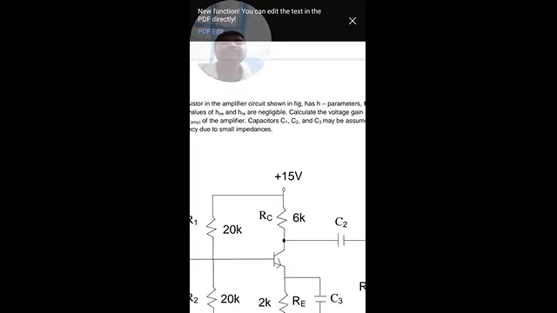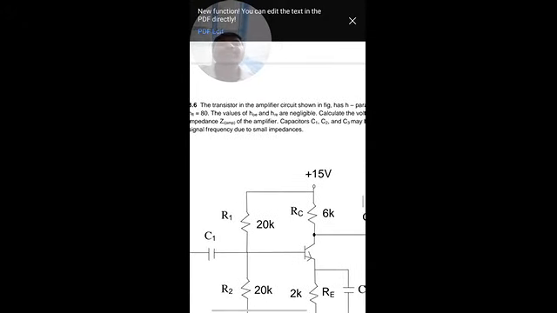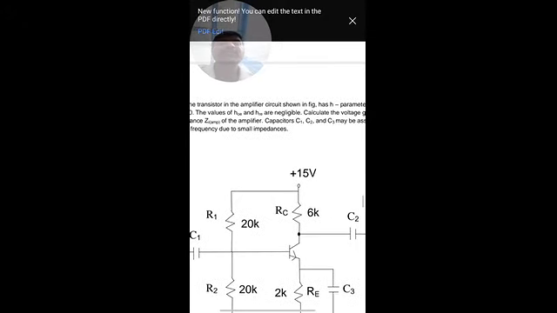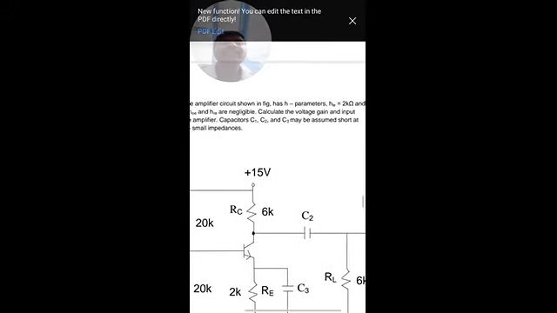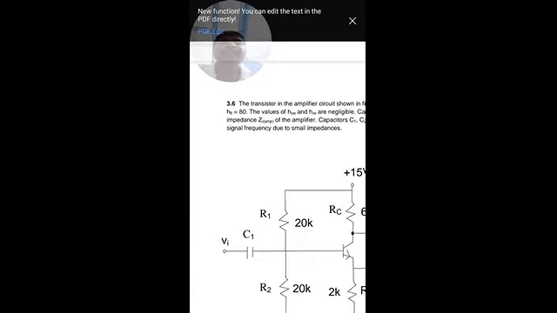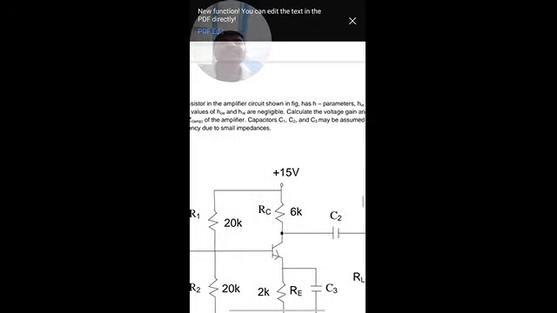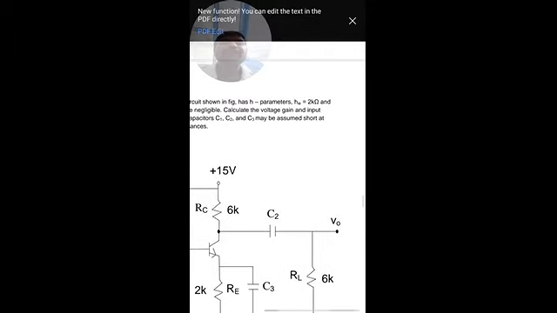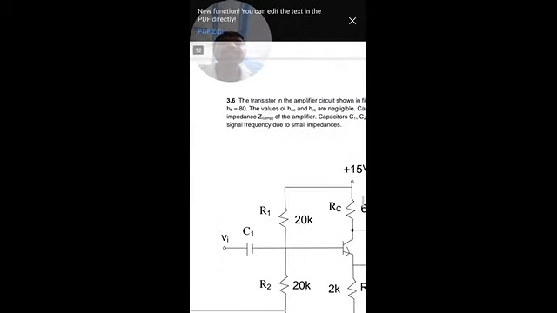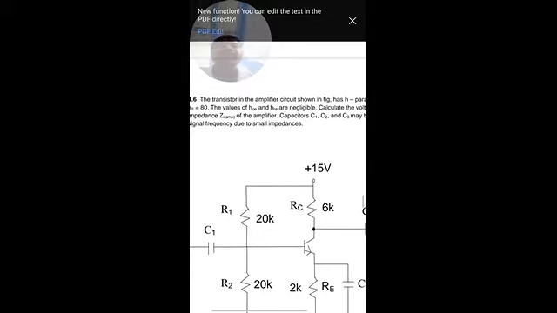That is, you can consider a simplified hybrid model for the transistor. HRE in the input side and HOE in the output side are negligible. Calculate the voltage gain and input impedance of the amplifier. Capacitors C1, C2 and C3 may be assumed short circuited at signal frequency due to small impedances.